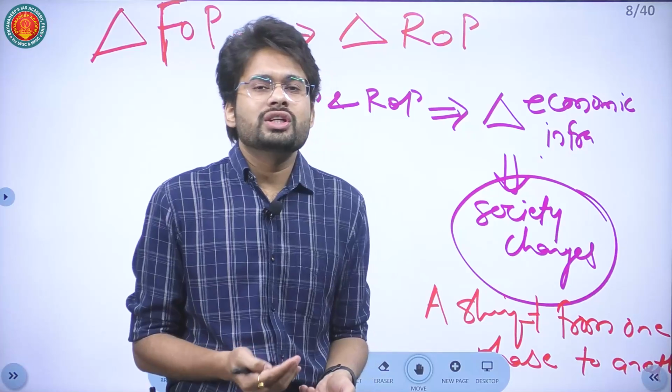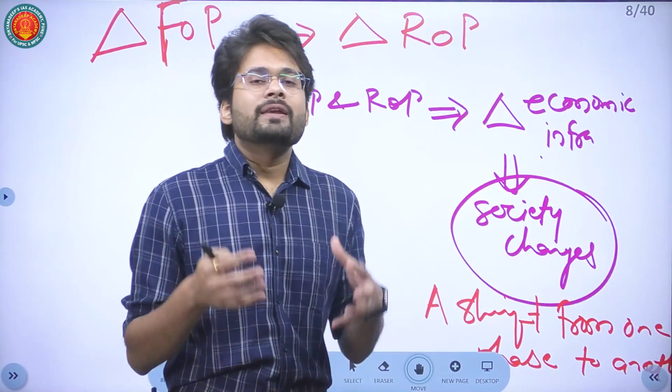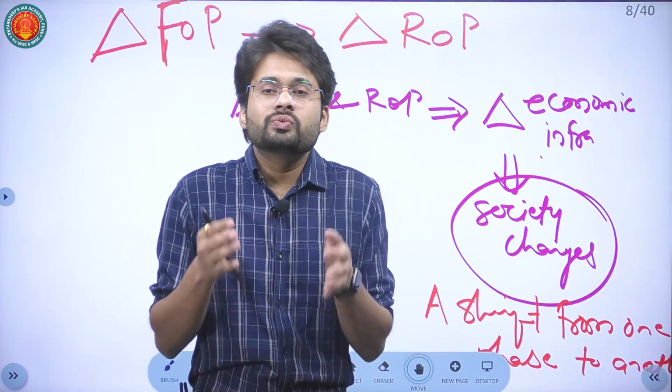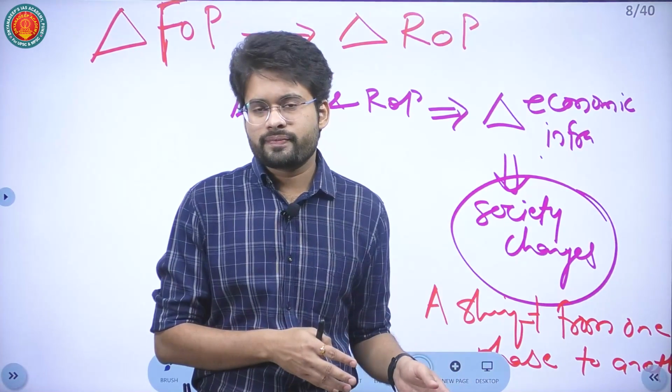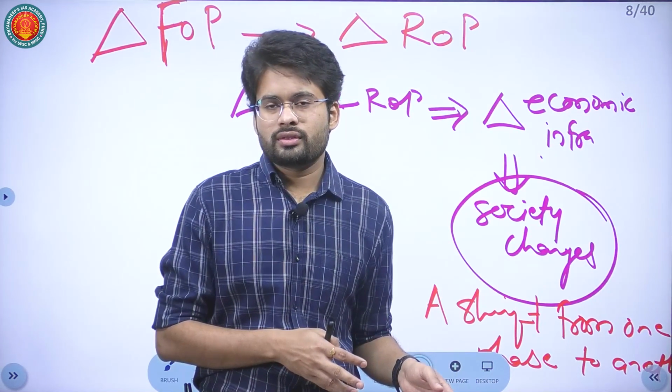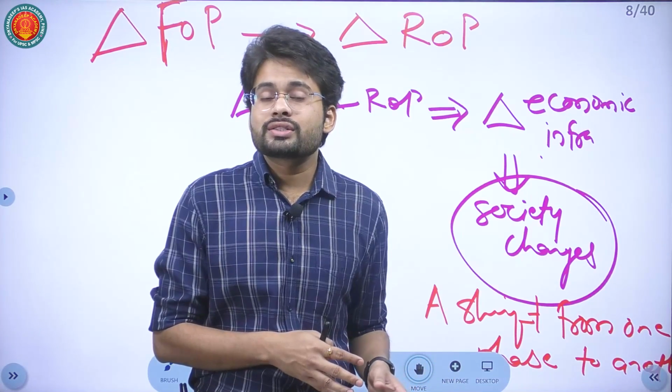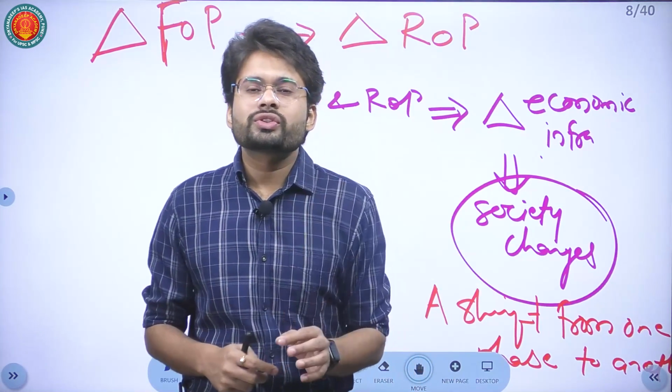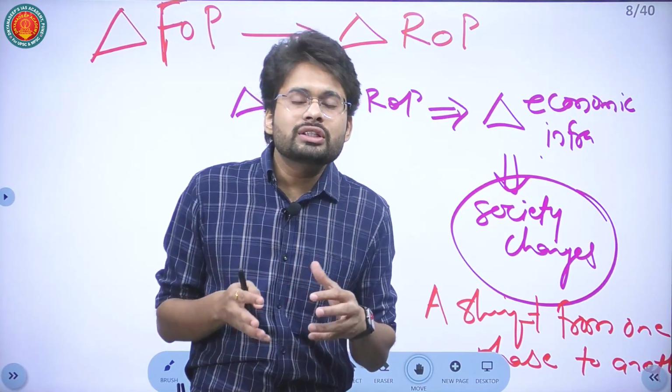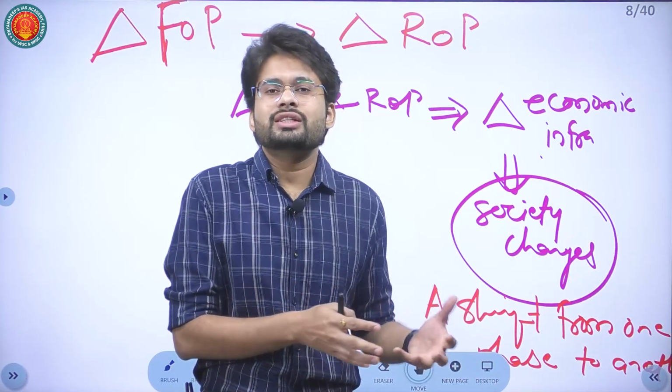And what is social change according to Marx? Social change or change in the society is nothing but the shifting of the society from one stage to another stage. According to Marx, throughout history, societies have continuously been shifting their phases, their stages.